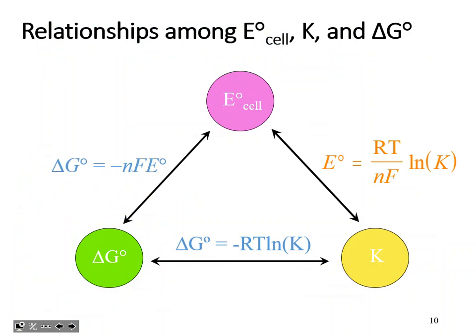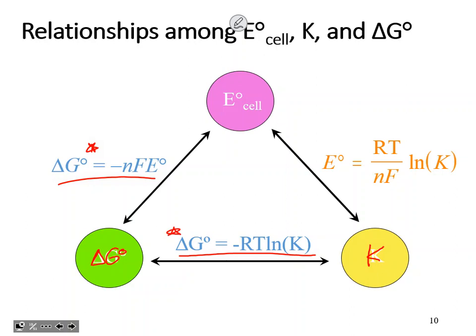Now this also shows the relationship between the three equations. Here's delta G, and here's K, because I know they're hard to see. So we have delta G equals negative NF E, and delta G equals negative RT ln K. Once again, these are both on the formula sheet.